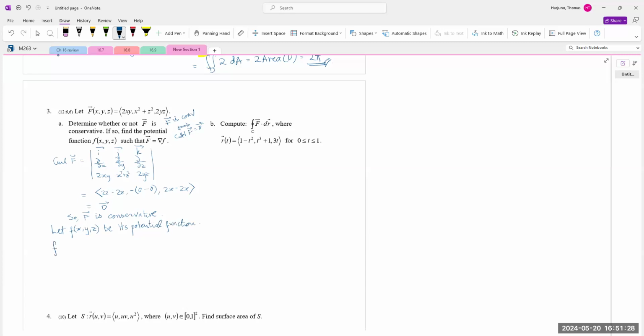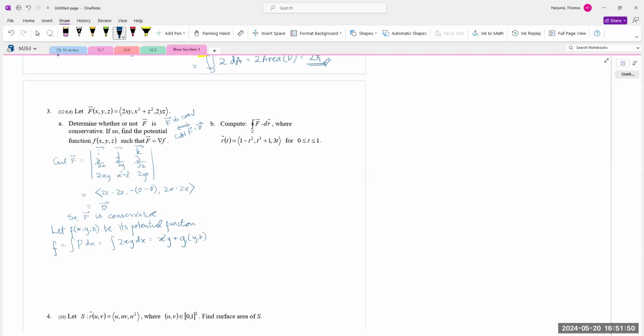Then this f must be the integral of P dx, right? Integral of 2xy dx, that is x squared y plus a function of y, z. Now, don't forget that plus a function of y, z.